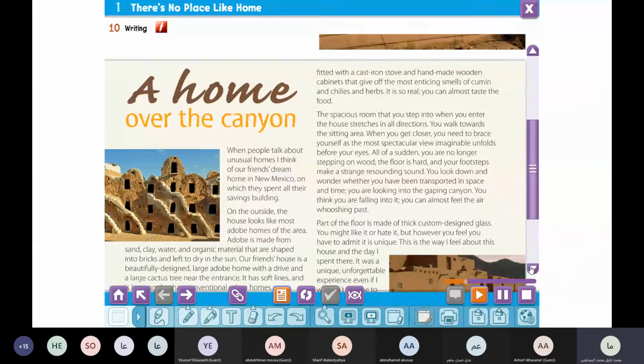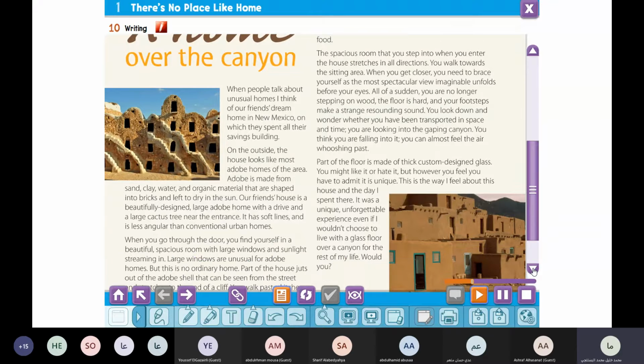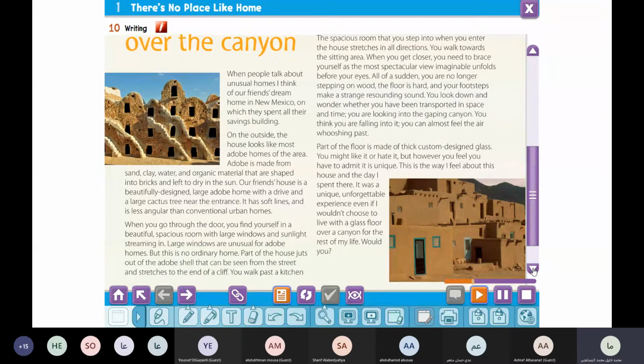It has soft lines and is less angular than conventional urban homes. When you go through the door, you find yourself in a beautiful, spacious room with large windows and sunlight streaming in. Large windows are unusual for adobe homes, but this is no ordinary home. Part of the house juts out of the adobe shell that can be seen from the street and stretches to the end of a cliff.